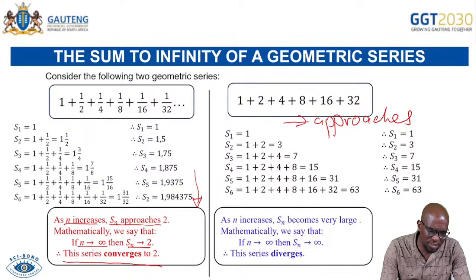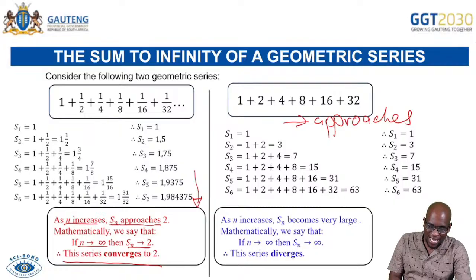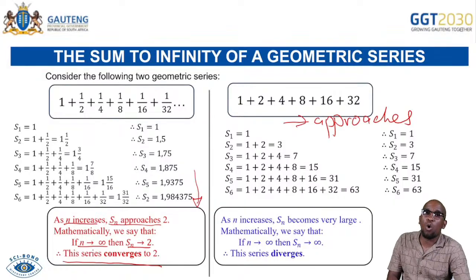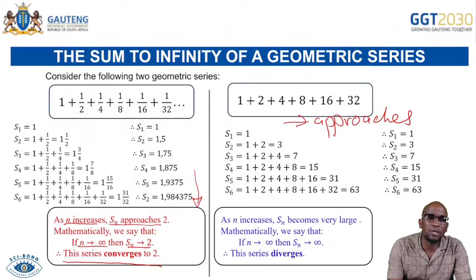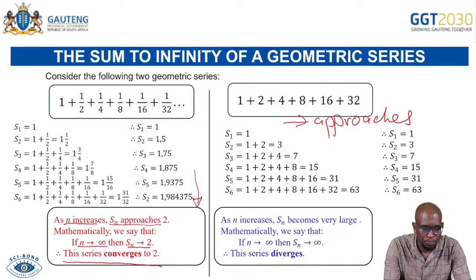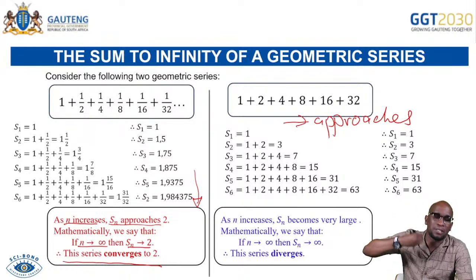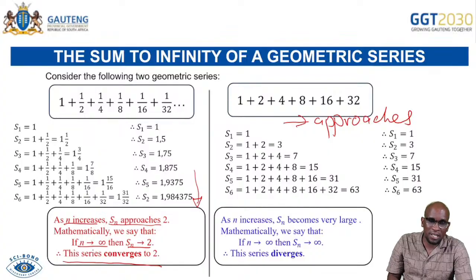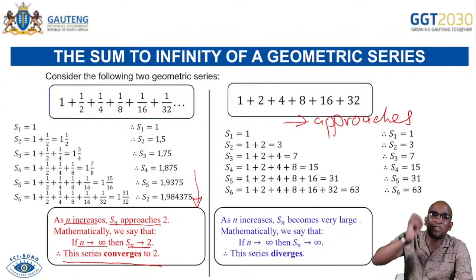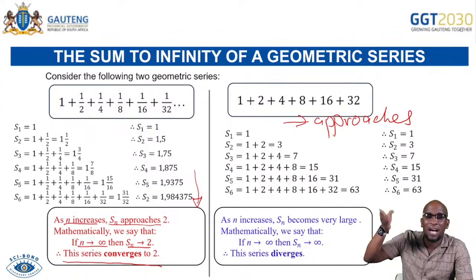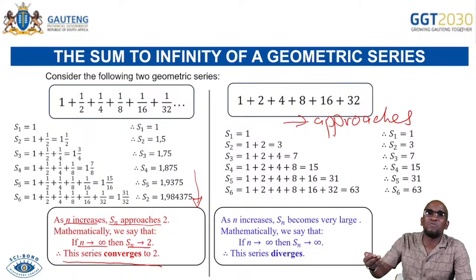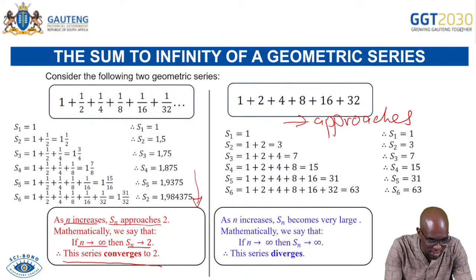Now let us look at the sequence on my right. We have 1 plus 2 plus 4 plus 8 plus 16 plus 32 and so on. Now with this one, you can see that the terms are increasing. The value of the terms gets higher and higher as you move from one term to the next.